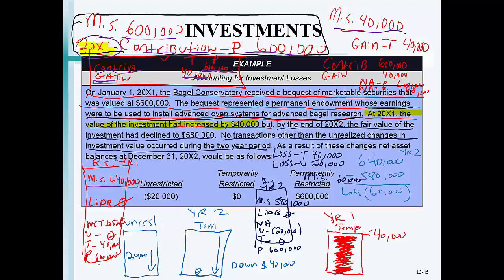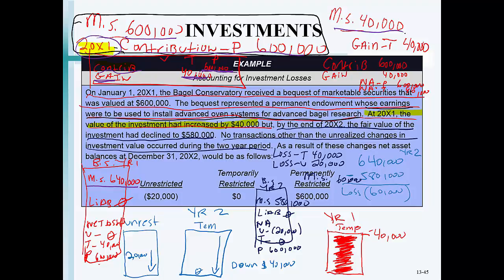This gain of 40,000. Do we have to close that? Do we have to close the gain account? On what planet? You have to close the gain account. The gain accounts report on the income statement. You have to close all proprietary accounts, right? Okay. So we have to debit the gain for, what was it, 40,000?